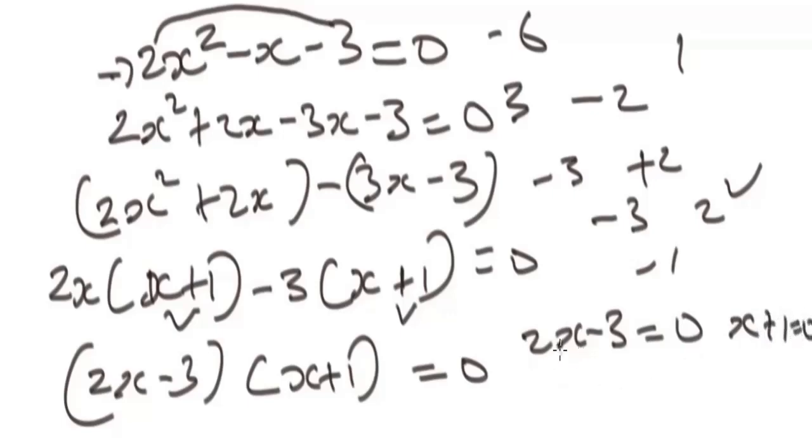So we're going to have 2x equals 3 and x equals negative 1. We divide by 2, so x is 3 over 2 and negative 1. So now we have the roots of this equation.